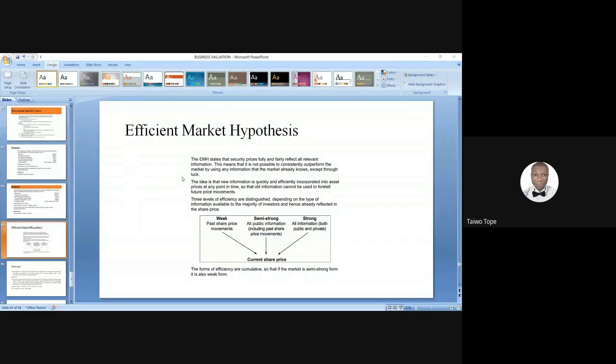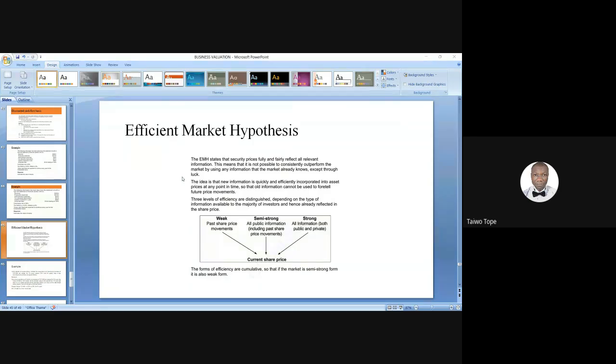Only those trading in the first few minutes after the news breaks can beat the market. When there is good news, once you quickly harness that opportunity and make use of that privilege, then you can actually break even. But after some time, the information becomes sunk and not as relevant. So since published information includes past share prices, a semi-strong form efficient market is also weakly efficient.